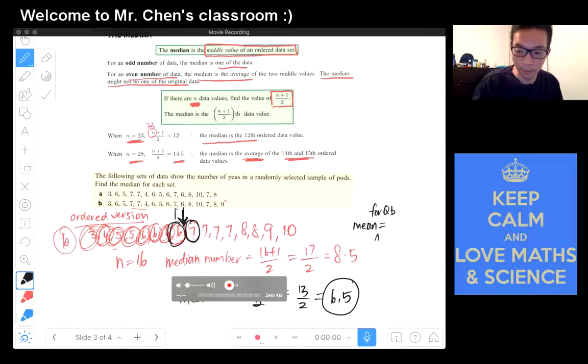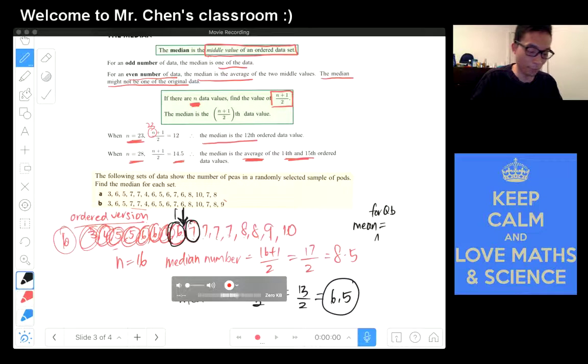3 plus 6 plus 5 plus 7. So I'm adding them up from the unordered one because it doesn't matter when finding the mean, because mean is literally just adding all the numbers up together and then dividing by the total number of data. 6 plus 8 plus 10 plus 7 plus 8 plus 9.